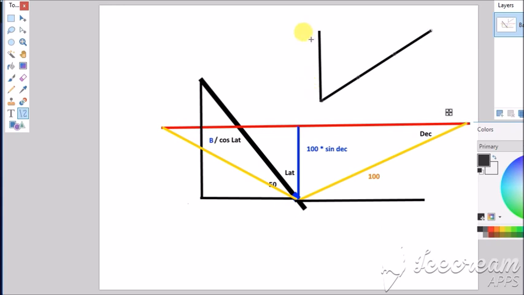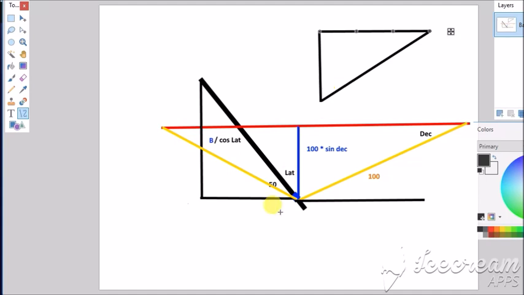This here is the black line, the projection of the 100, and this is the 100, and so this will be the sun or the star rise angle. The relation between this line and this angle is cosine, or the inverse cosine of dividing this by this.